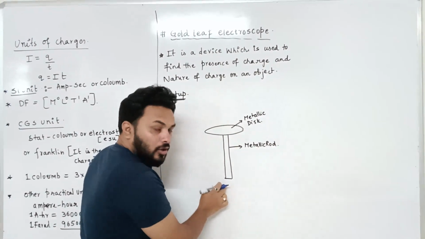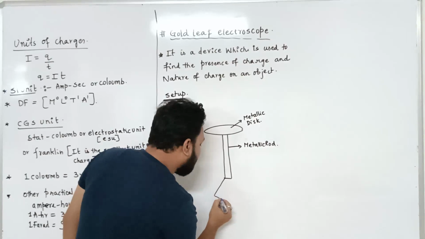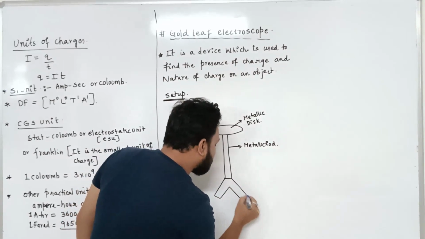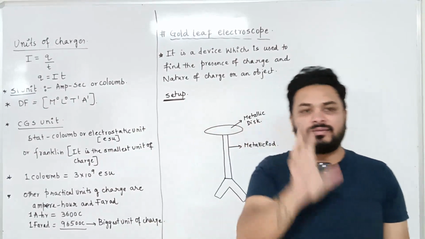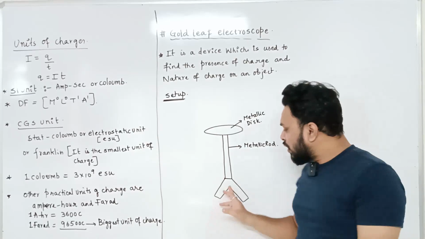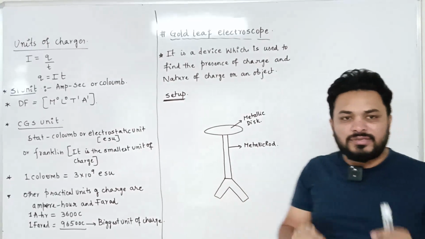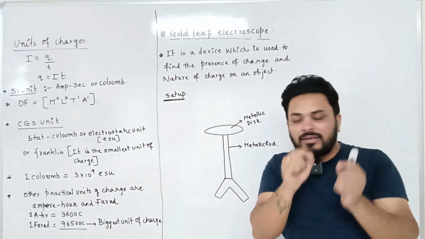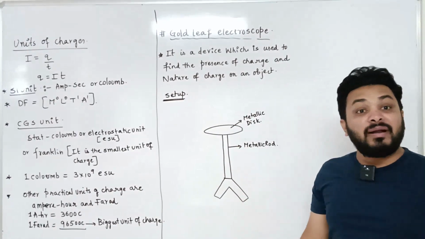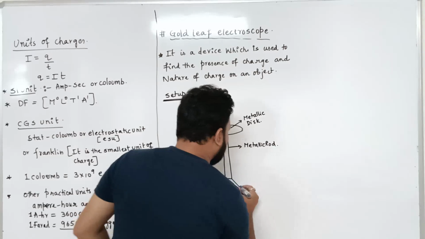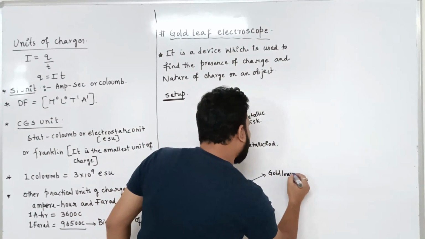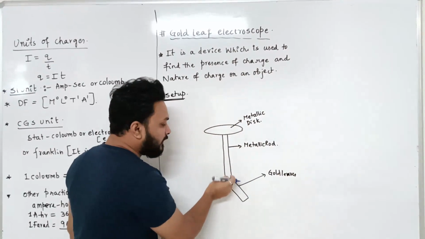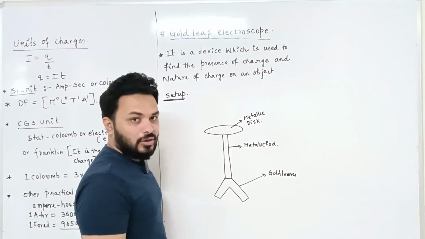To the metallic rod we attach 2 gold leaves. The gold leaf strip is very thin, right? We take 2 gold leaves, bend them in the middle, then connect them to the metallic rod. So we call these the gold leaves.